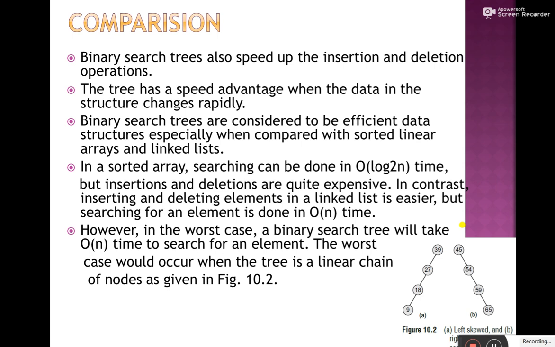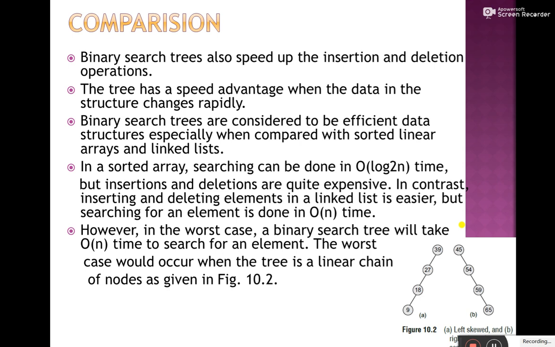In contrast, insertion and deletion of elements in a linked list is easier, but searching of an element is done in order of n time. Means what? For searching an element in a linked list, we need to start right from the start node and traverse the whole list until we get the desired value, or else we reach the end of the list.